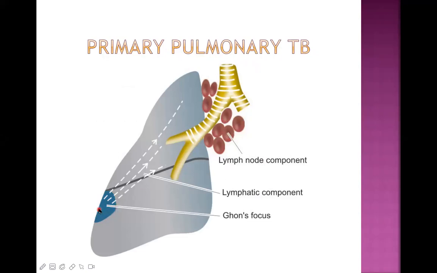This is a subpleural granuloma, and from there, along the lymphatics, Mycobacterium tuberculosis has reached the hilar lymph nodes. So you can say these are two components, that is lymphadenopathy with Ghon focus. This is called Ghon complex. This is a hallmark of primary pulmonary tuberculosis.